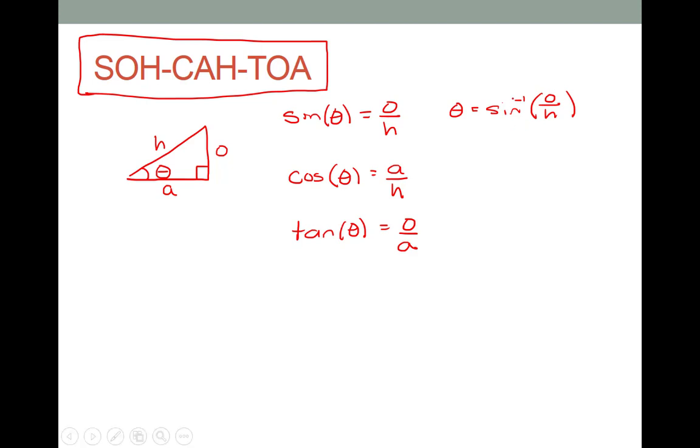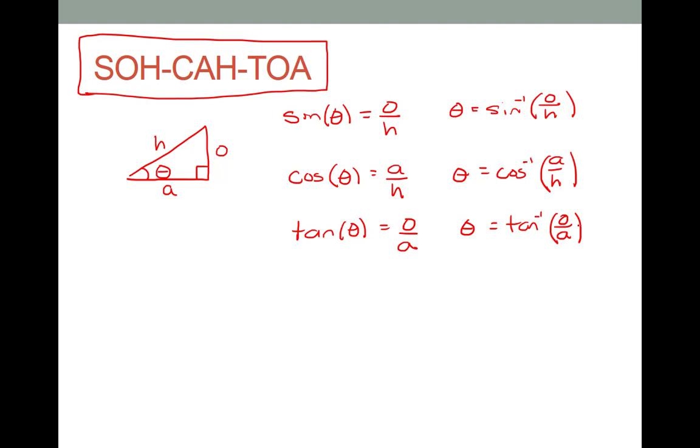And if you haven't watched my YouTube video on calculator usage, I go over how to do angle calculations on your calculator in that. Similarly, I could find theta by the inverse cosine of the adjacent divided by hypotenuse, or the inverse tangent of the opposite over the adjacent.